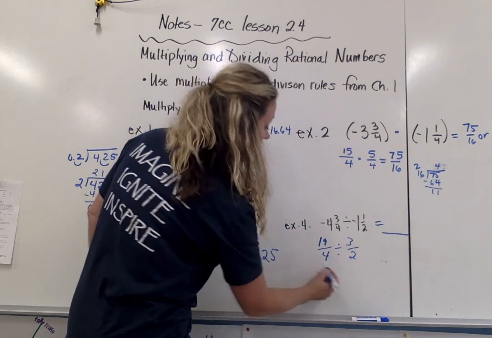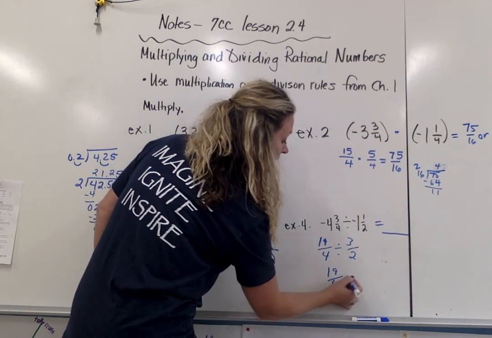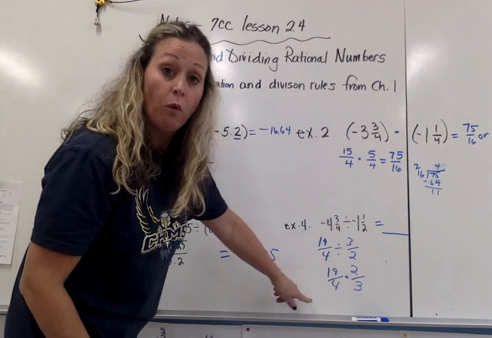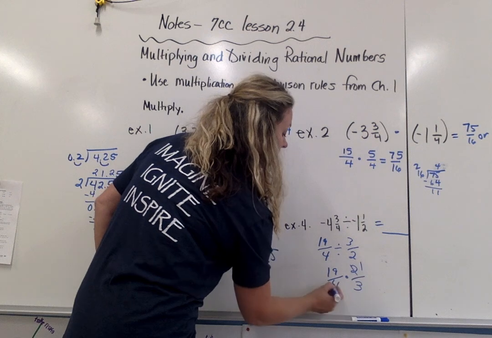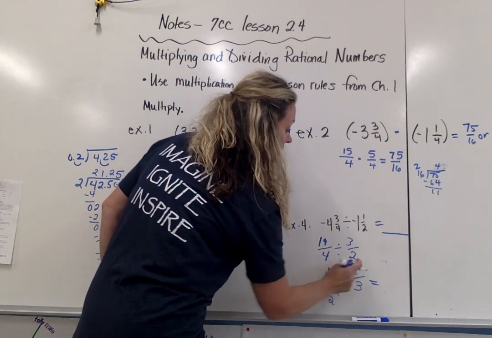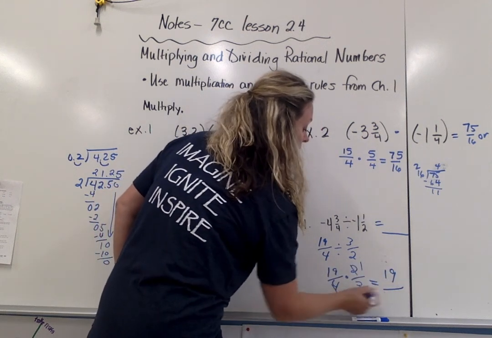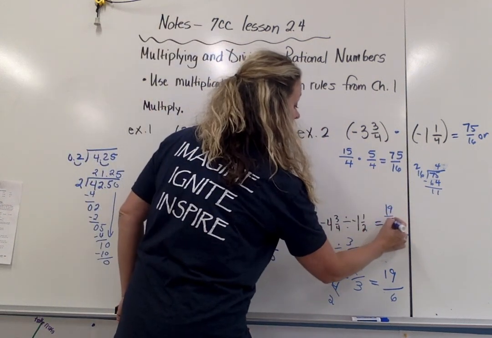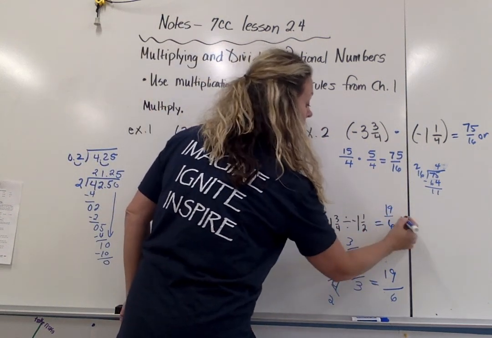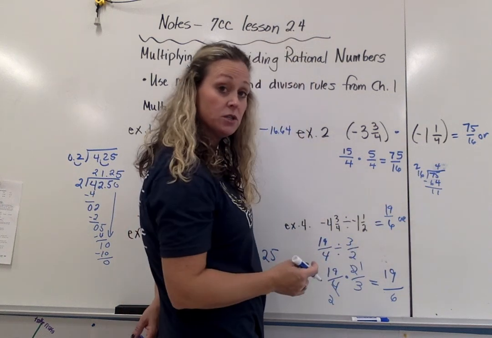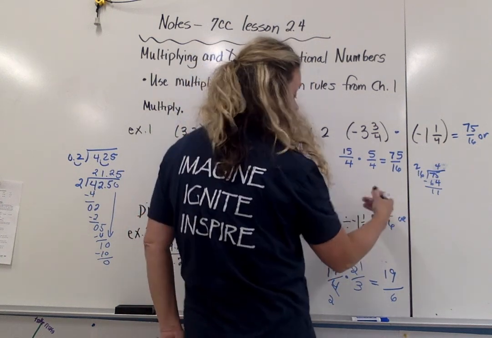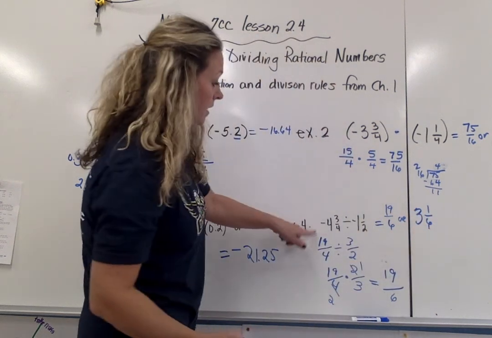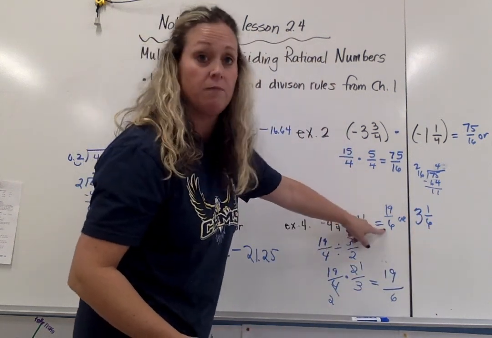I'm going to rewrite that as 19/4 times 2/3. 2/4 is the same as a half. 19 times 1 is 19. 2 times 3 is 6. I can leave that as 19/6 because that is simplified. Or I can go ahead and change it into a mixed number, which is 3 and 1/6. Negative divided by a negative is a positive.